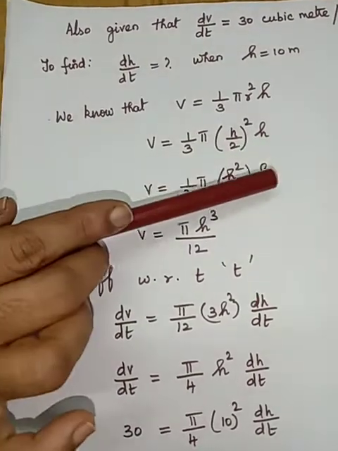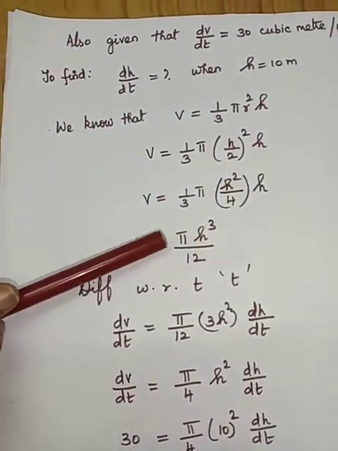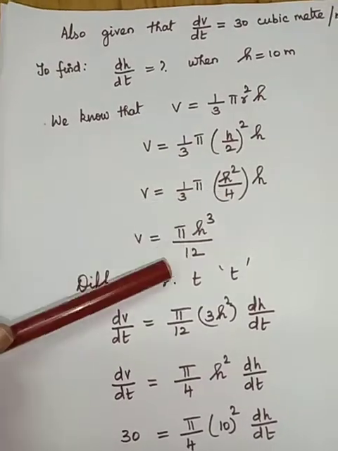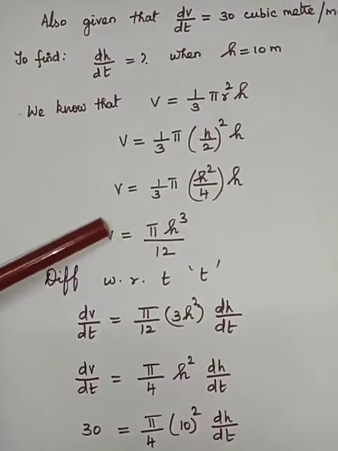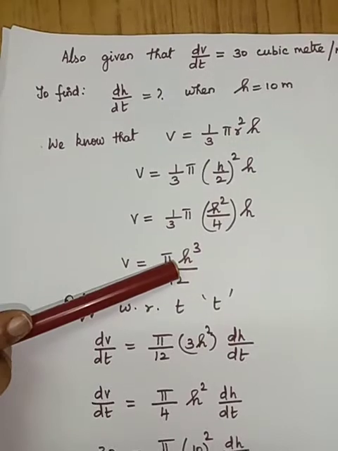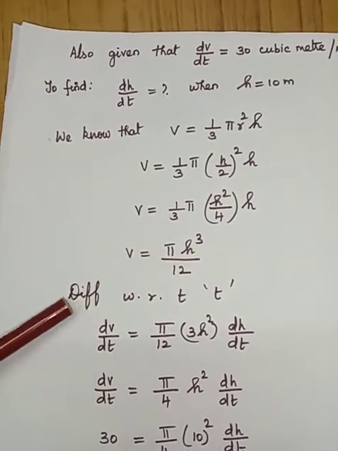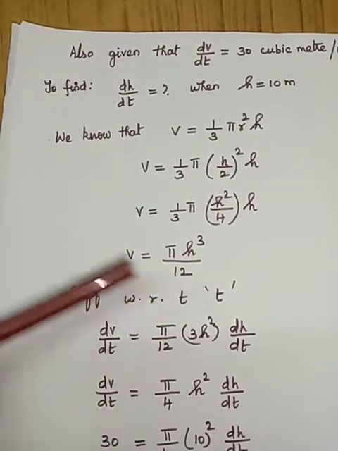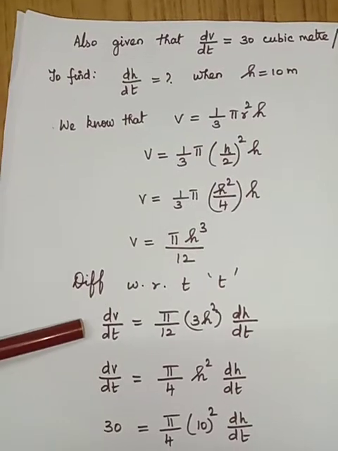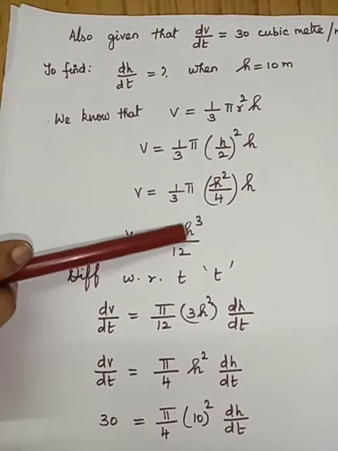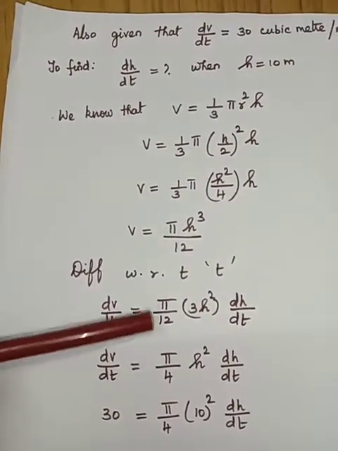H squared into H is H cube. So pi H cube by 3 into 4 is 12. Now your volume is in terms of H only. So differentiate with respect to t. So it is dV by dt, which is equal to pi by 12, a constant, so it is written out.